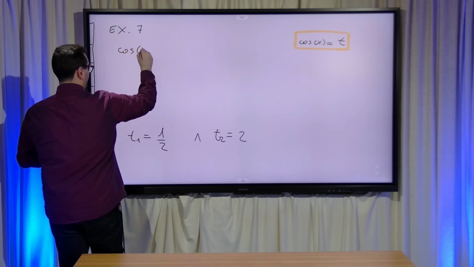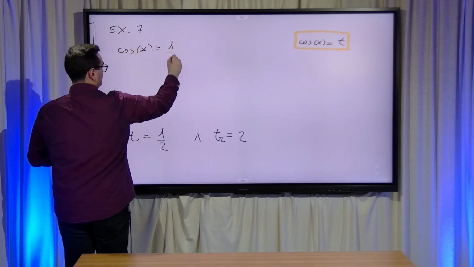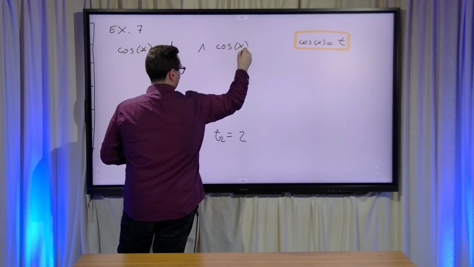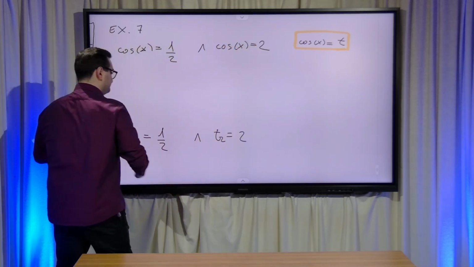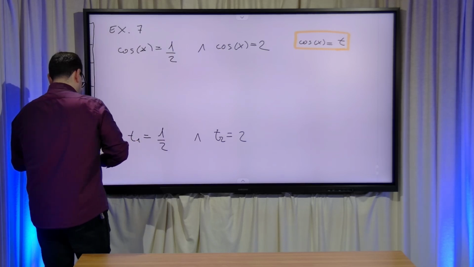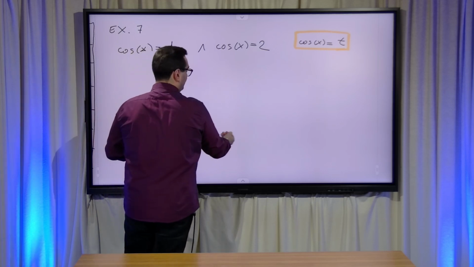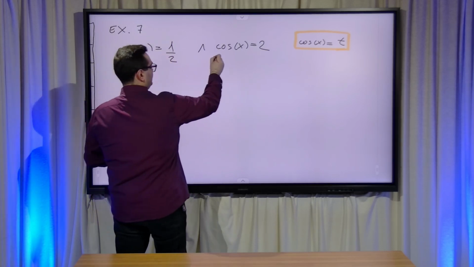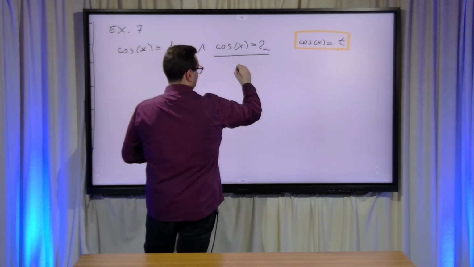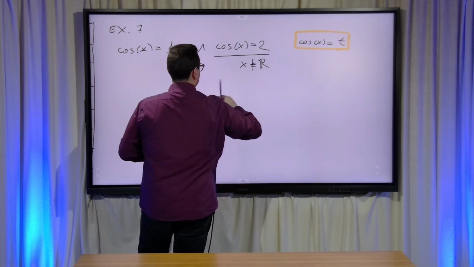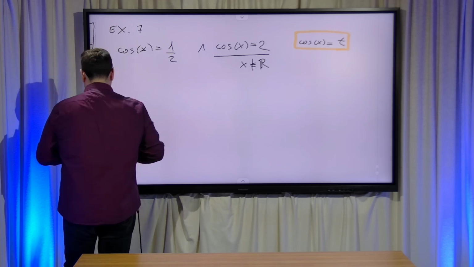So cosine of x is equal to 1/2, and cosine of x is equal to 2 from this one. Now I can say that this one is impossible considering x belonging to R, so this has no solutions.